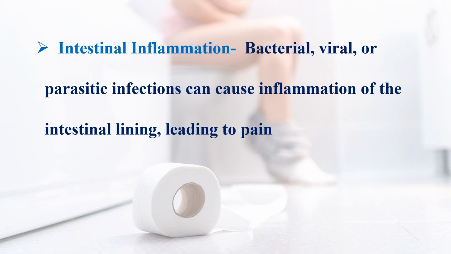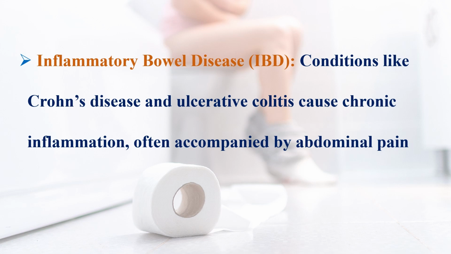Intestinal inflammation. Bacterial, viral or parasitic infections can cause inflammation of the intestinal lining, leading to pain. Inflammatory bowel disease, IBD. Conditions like Crohn's disease and ulcerative colitis cause chronic inflammation, often accompanied by abdominal pain.